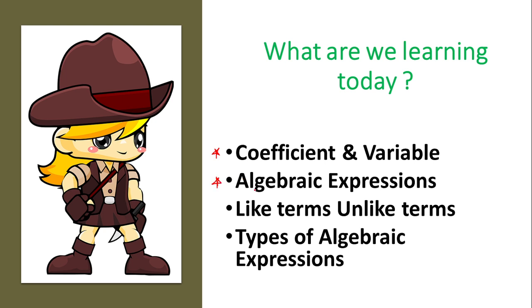Already we have taken its introduction while learning the BODMAS rule. Then today in a precise manner we are going to see what are algebraic expressions. Then we will be learning what are like terms and unlike terms, and finally we will conclude today's session by learning the types of algebraic expressions. So let's start the session.